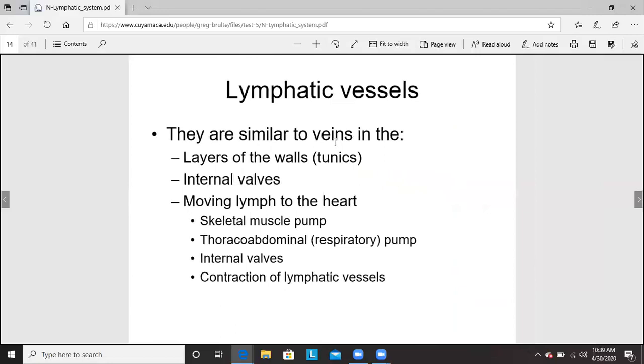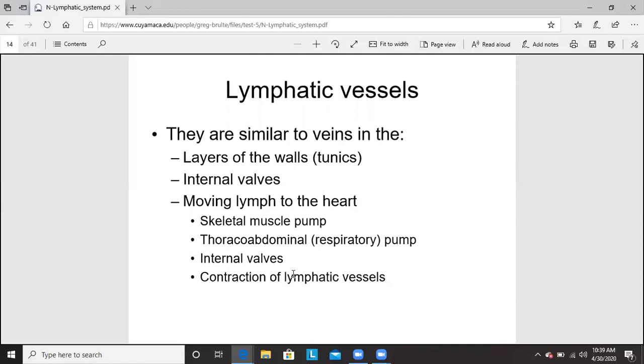They're very similar to veins in that they have valves. The skeletal muscle pumps work on them, and the thoracoabdominal pump can also work on some of the big vessels. And here's one thing that lymphatic vessels can do that veins cannot. They can contract. It's almost like peristalsis, where you move food through the digestive system.